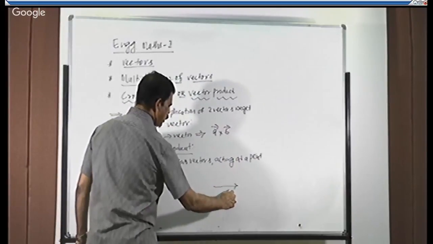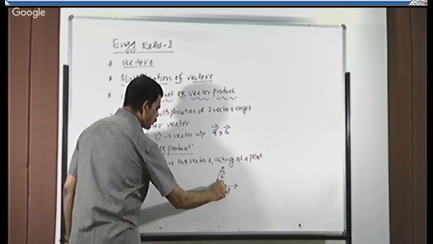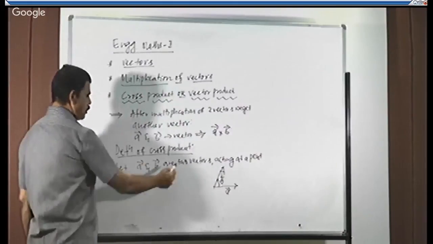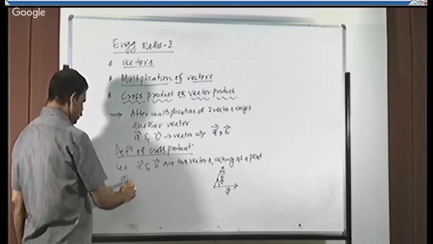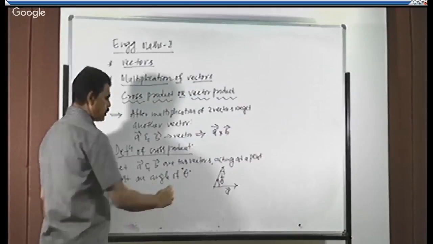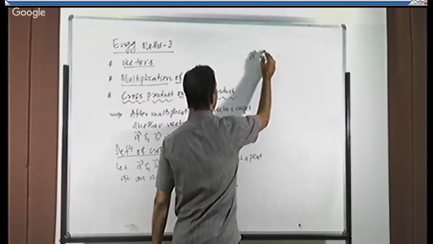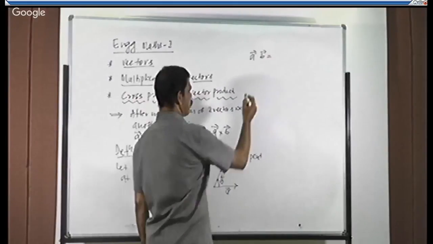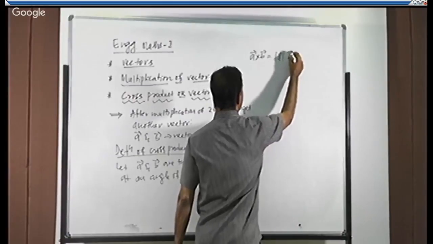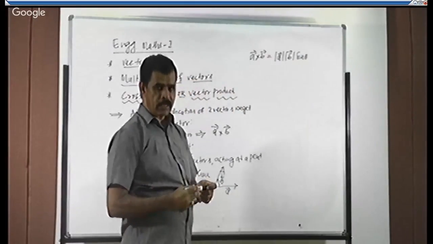This is vector A and this is vector B. In between these two vectors there is an angle theta, the angle between the vectors acting at the point. Then A cross B is defined as magnitude of A, magnitude of B into sine theta.